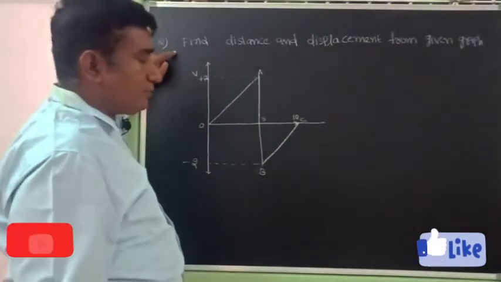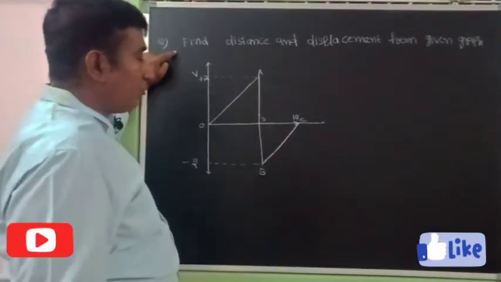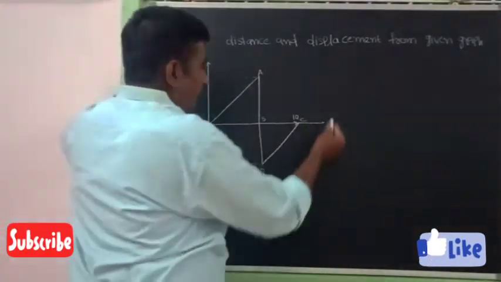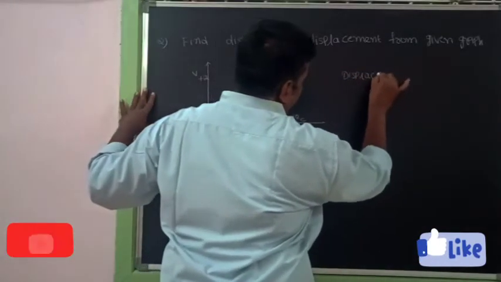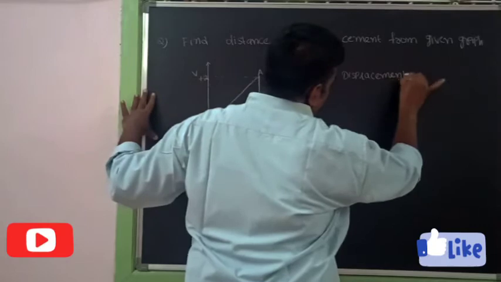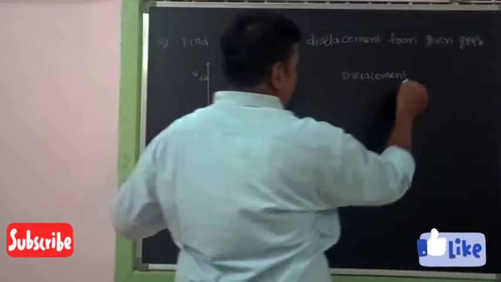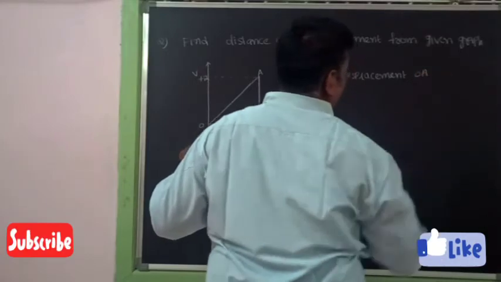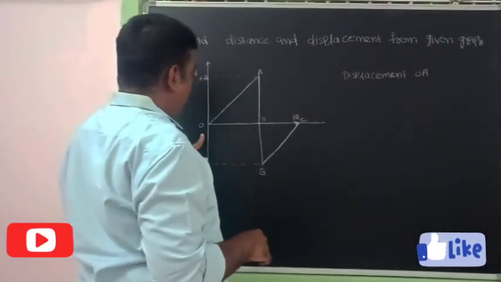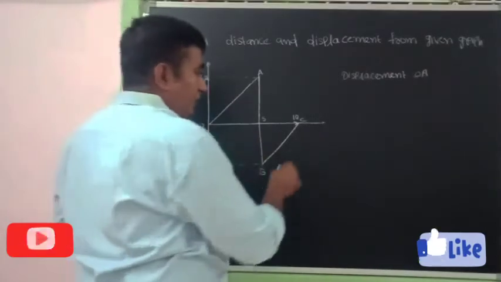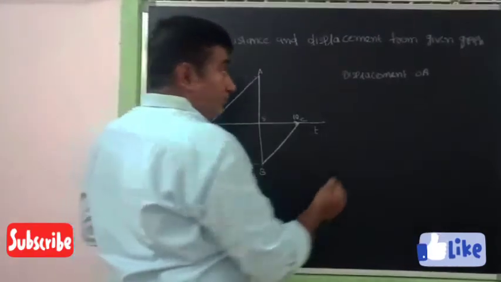Find distance and displacement from the given graph. We have to find the total distance and then the total displacement. First, displacement. Displacement from O to A, with the help of this velocity-time graph, is the area under the velocity-time graph.